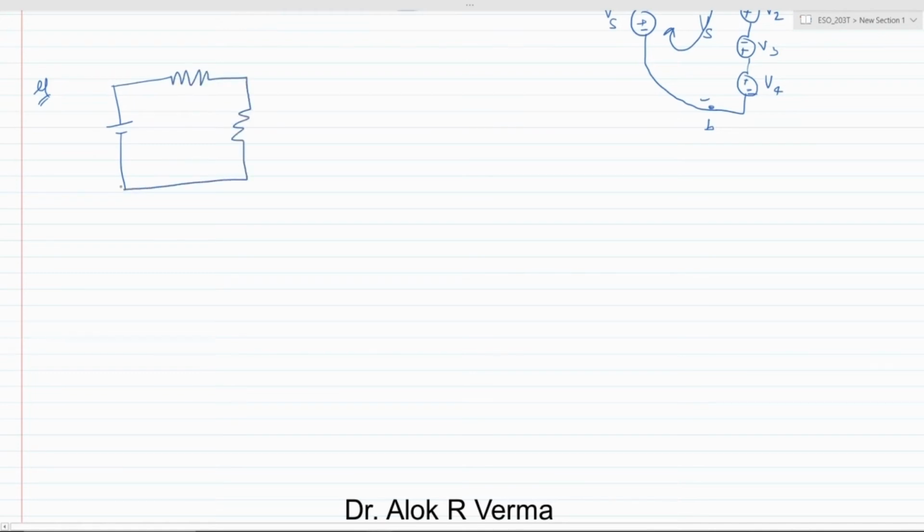So it is a single loop circuit with resistances R1, R2, and the voltage V. In the question it is given that V is 20 volts, R1 is 2 ohm, and R2 is 3 ohm. So these are the given things.